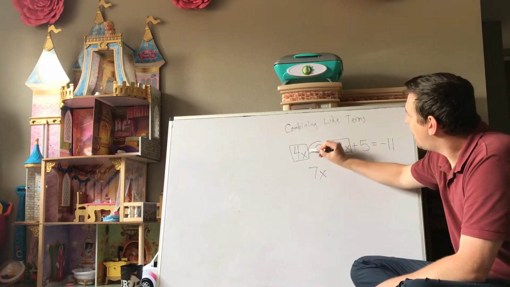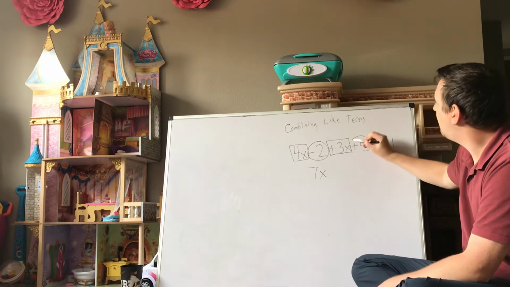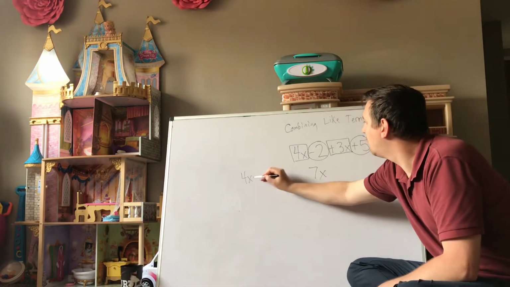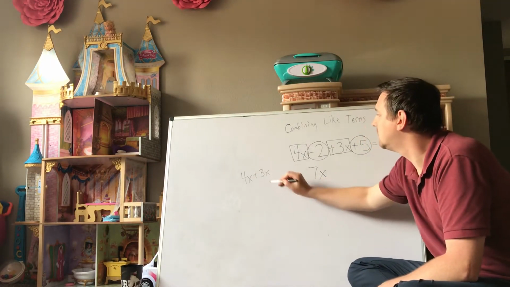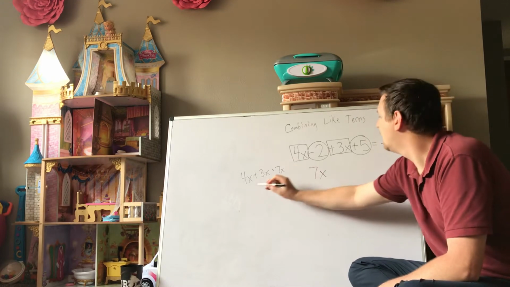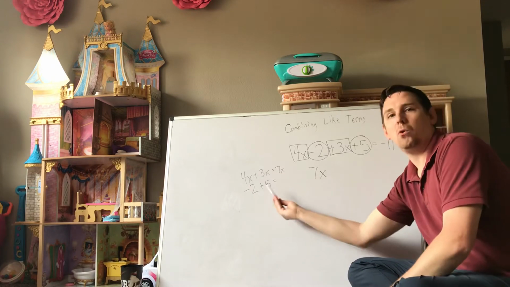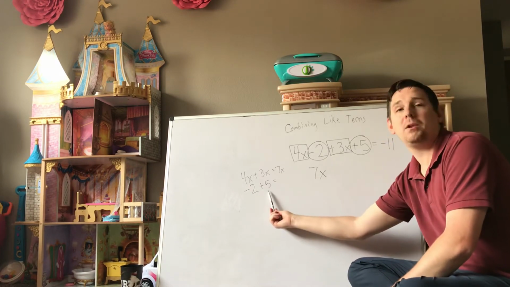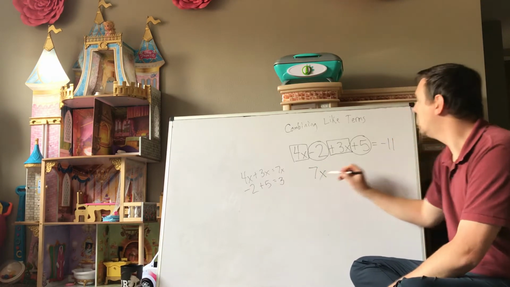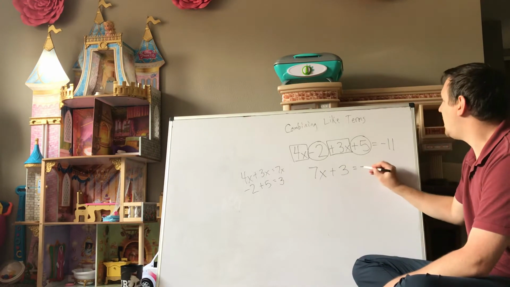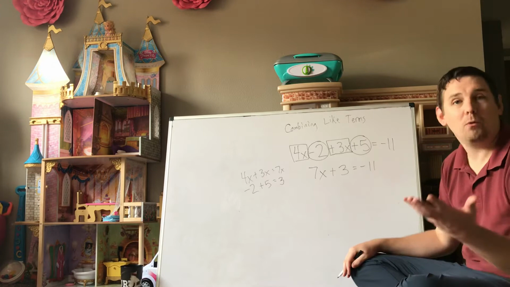We have a minus 2 and a plus 5. What's there more of? Positives. How many more positives? 3. Since it's positive 3, we're going to write plus 3. Equals negative 11, and now we're going to solve.